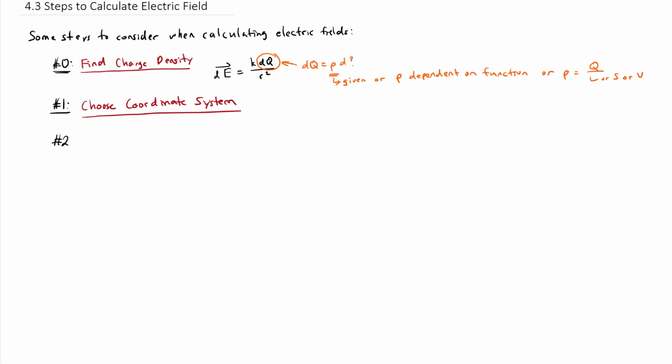Now we have step number 2. Step number 2 involves representing an arbitrary point A and either dl or ds or dv, so the differential mass element, in terms of your coordinate system.